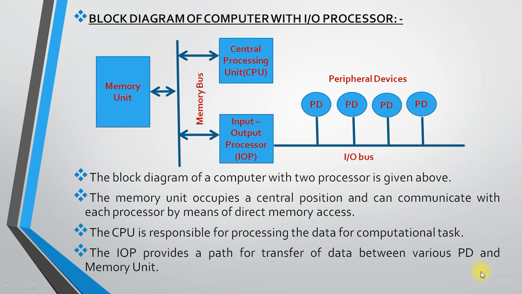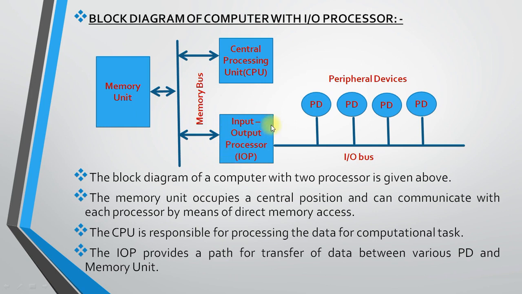Now see, over here from the block diagram you can see that there are 4 peripheral devices connected with the IO bus or with the IOP, and with the help of the IO bus, peripheral devices are able to communicate with the IOP.